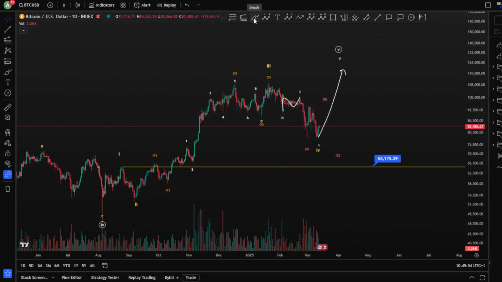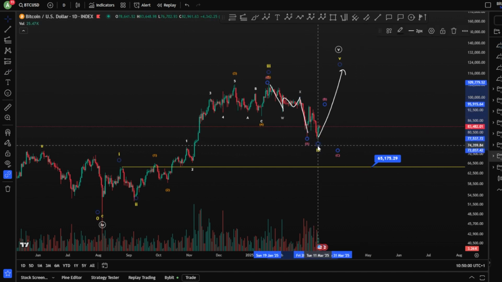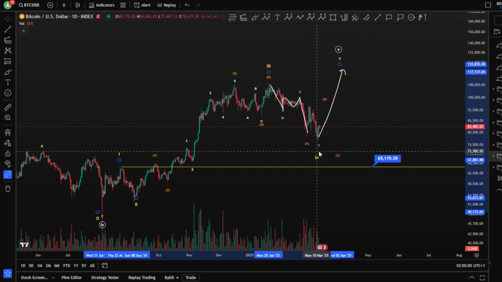What it matches much more in this case is this W matching this Y, and taking the wave Y exactly here, plus the wave A in case we are in a more bearish ABC, right?